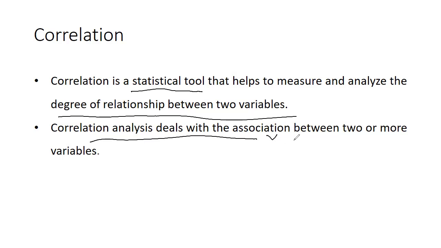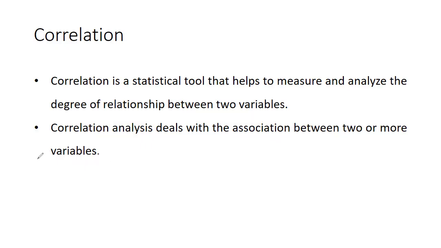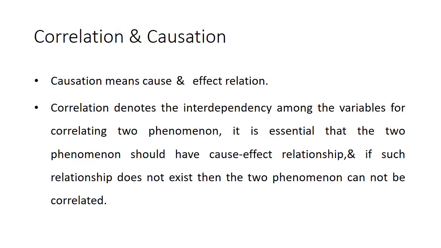Basically, we are trying to identify the association between two or more variables. We are not emphasizing here that one variable influences the other, but we are just trying to check whether two variables are associated to each other or not.